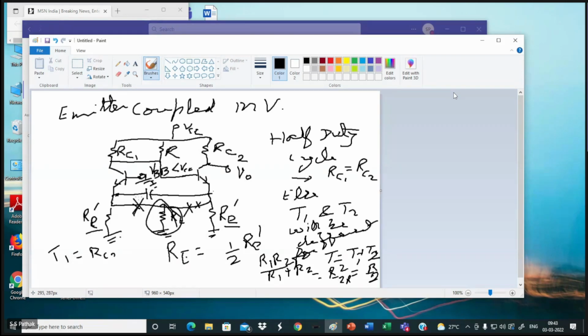It is at 0 minus, so at t equal to 0 plus T2 will become high. So it is your (RC2 plus RE dash) into C. This becomes your tau, into approximately 0.69. So this becomes your T2.